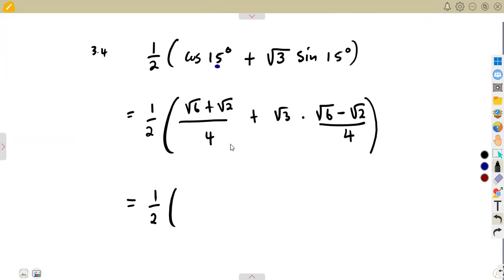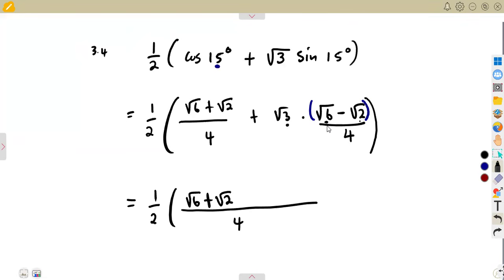The denominators are the same. So we can just write it as over 4. Then this is the square root of 6 plus the square root of 2. But the square root of 3 is affecting this part. Square root of 6 minus square root of 2.